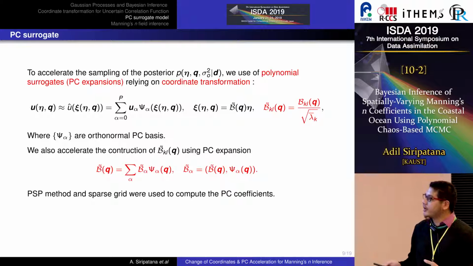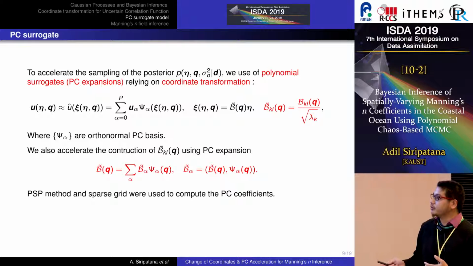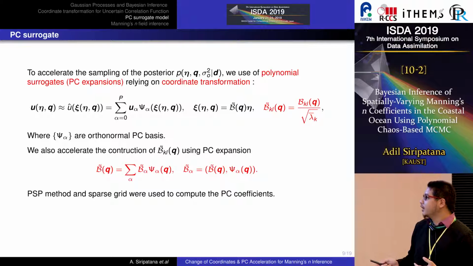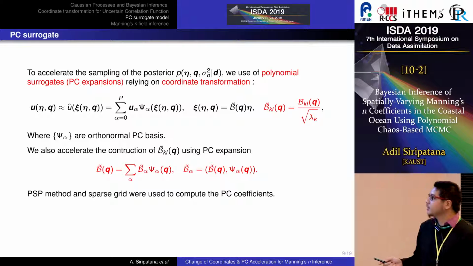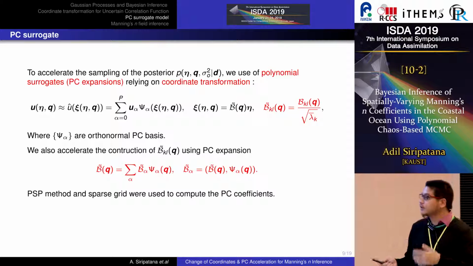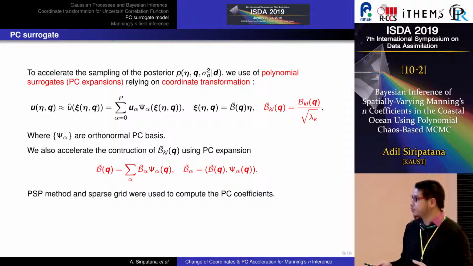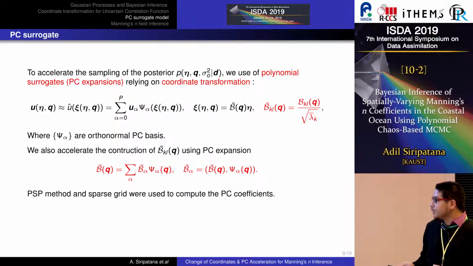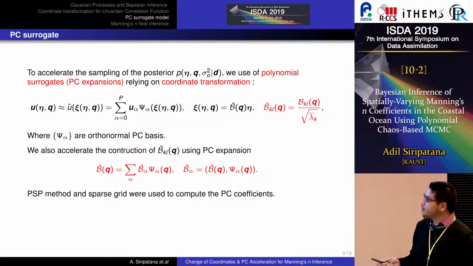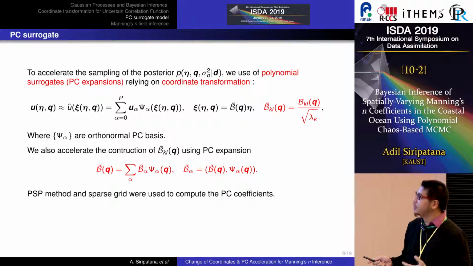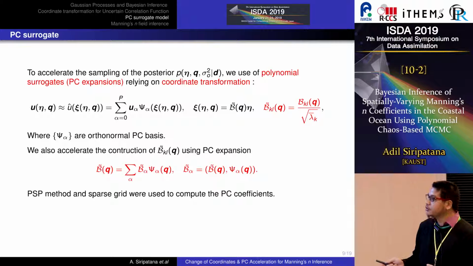The polynomials have the germ psi, which is a function of eta and Q, and it's expressed through the coordinate transformation B tilde eta, with some division by the square root of lambda k, because we need to rescale it back to be consistent with the previous construction.